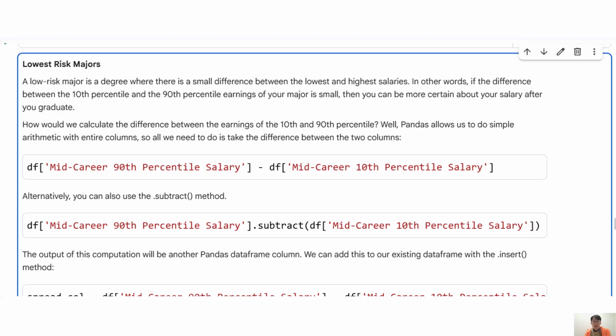If there's a huge gap, it means that it is very risky, because if you choose that major, you may end up being at the bottom of the pyramid. And if there's no gap, it means that it is not really risky, because if you choose that major, you are assured that you will earn pretty much the same as all the other people in the same industry.